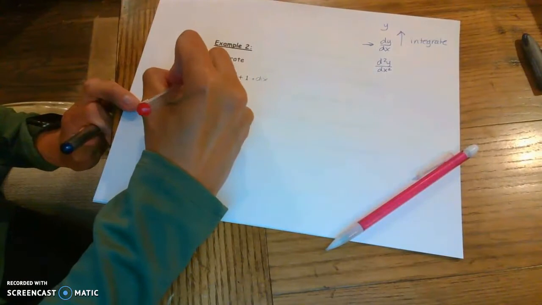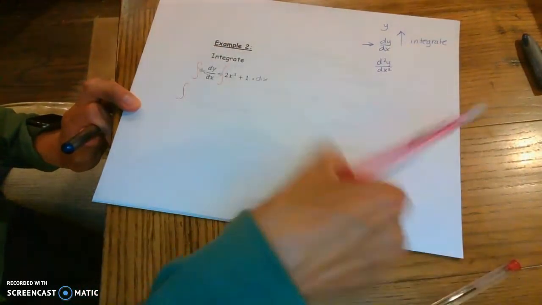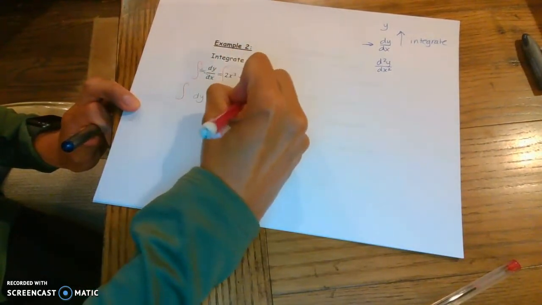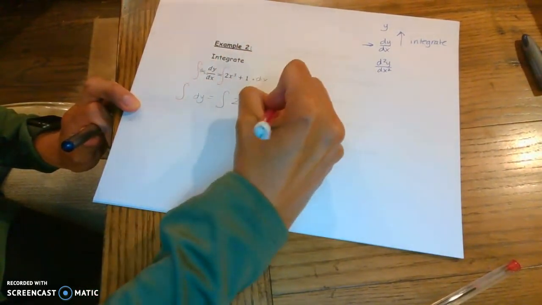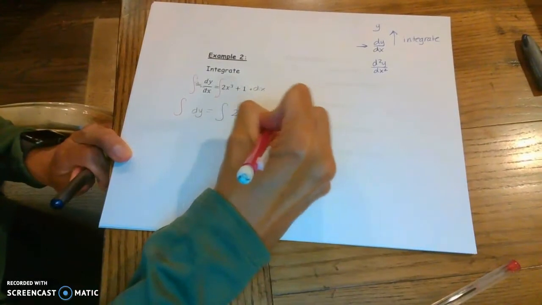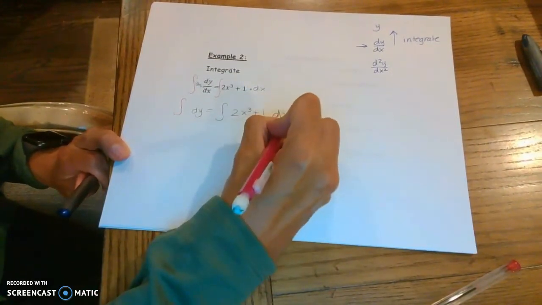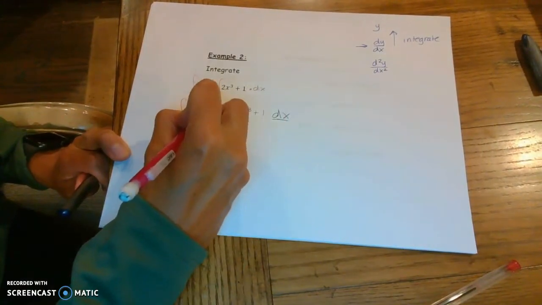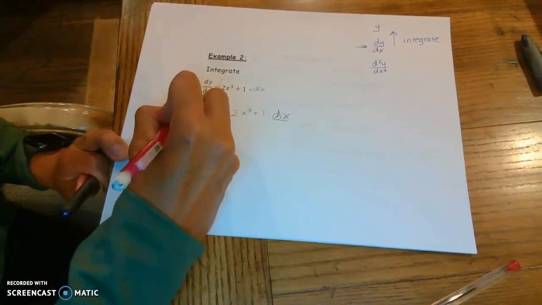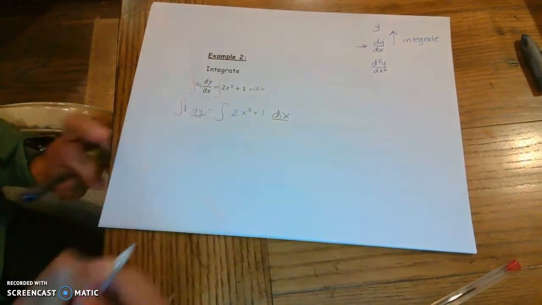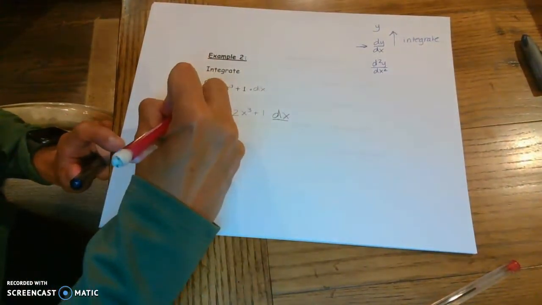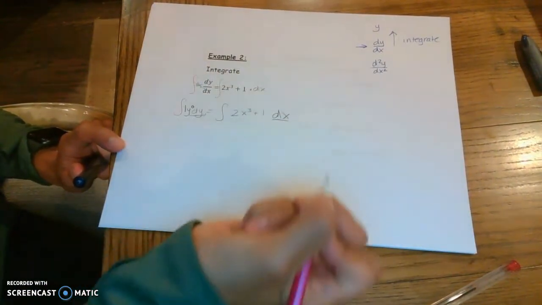So now I have the integral of dy equals the integral of 2x cubed plus 1 dx. And now this matches. The variable of integration is x, and my integrand contains x. Here, my variable of integration is y, and my integrand contains a constant of 1. Well, if I have 1, that would be the same thing as having 1y to the 0 power.